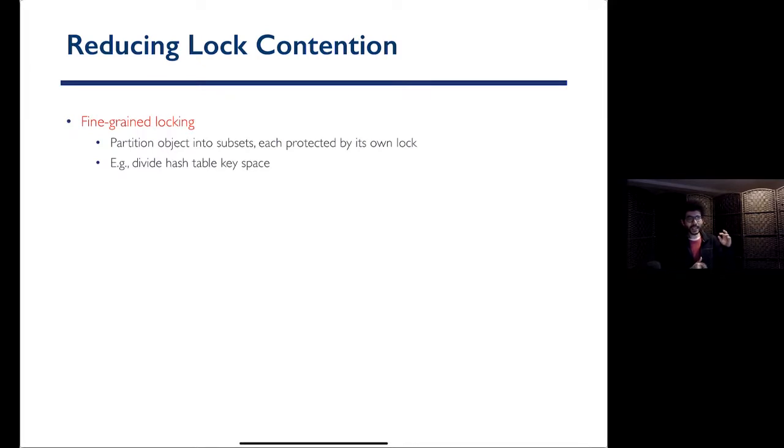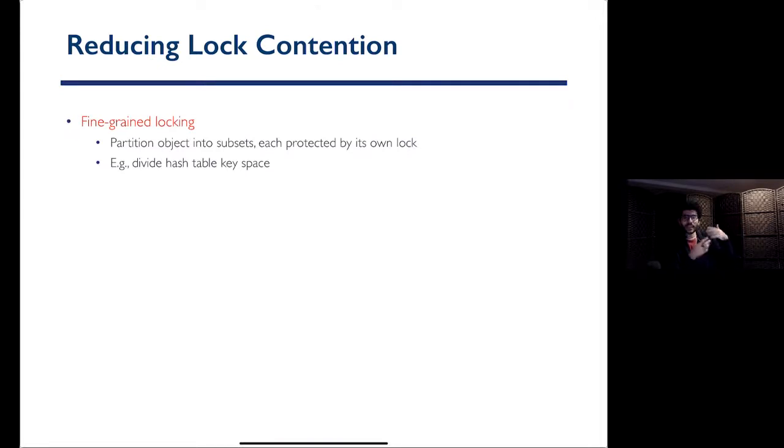So basically what this means is you can have fine-grained locking. So this is an example. Let's say, instead of locking your entire database, lock a few tables, right? Or instead of locking your entire table, lock certain rows.